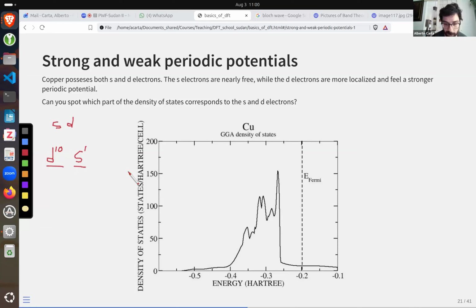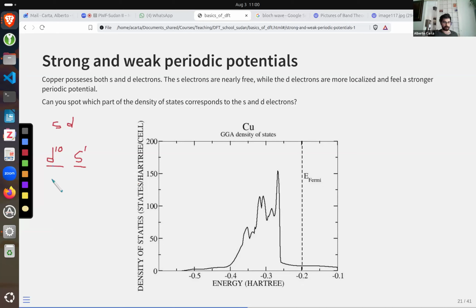Okay, so I want to give you some, say, 3 minutes to think about it. By looking at exactly the picture that I'm showing you, which part of the density of states is going to be more dominated by D-type electrons, and which part of the density of states is going to be dominated by S-type electrons?